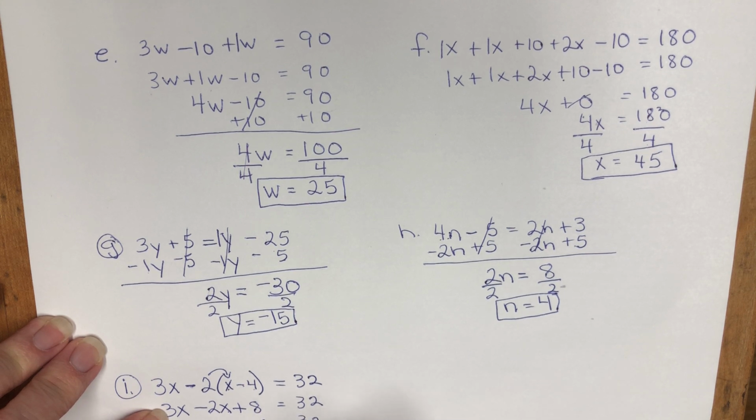Now we're going to subtract 8 from both sides. This becomes 0. x is going to equal, or 1x is going to equal, let's see, 32 minus 8 is 24. Positive 24. And that's going to be my answer.